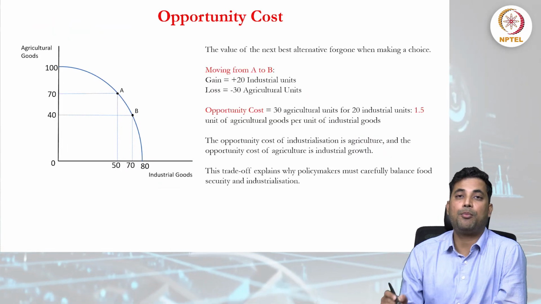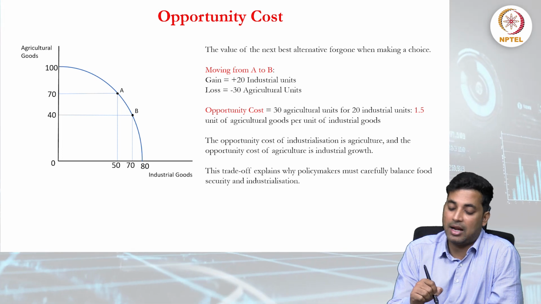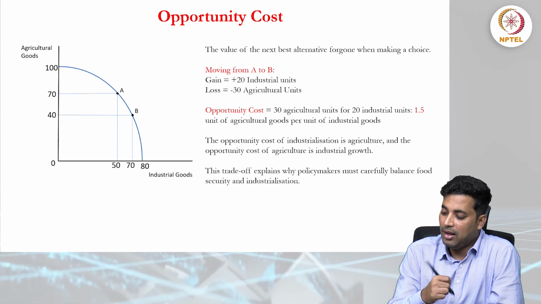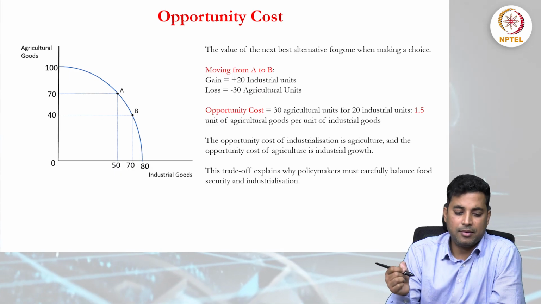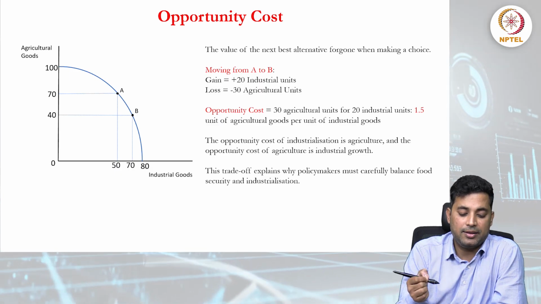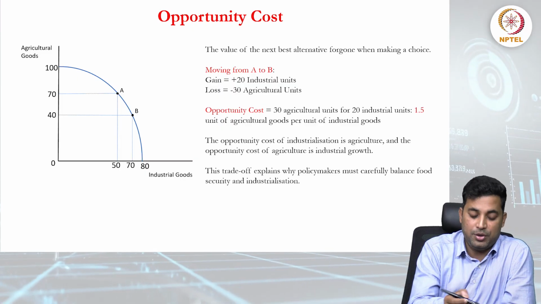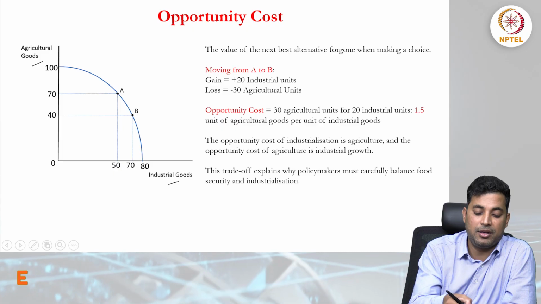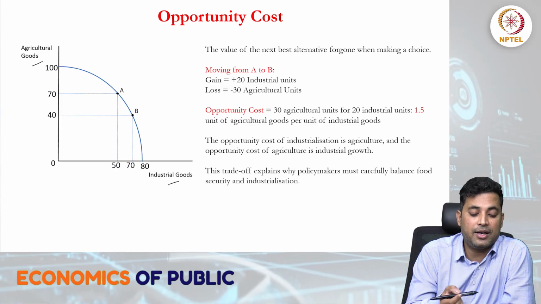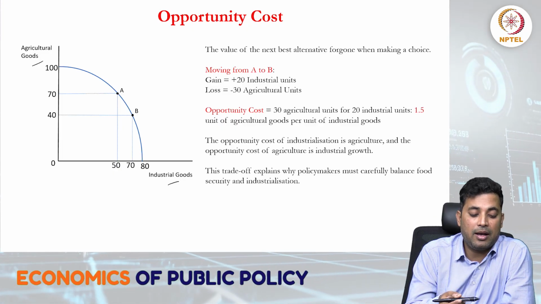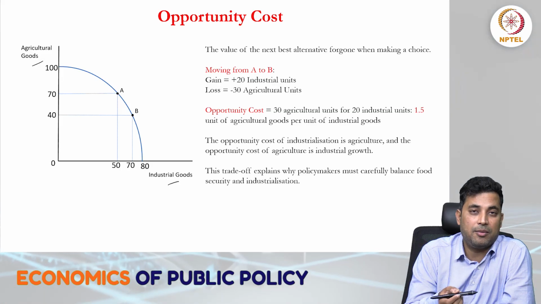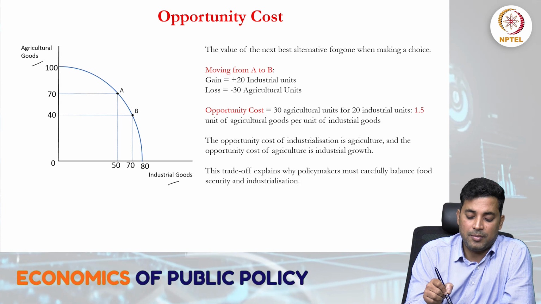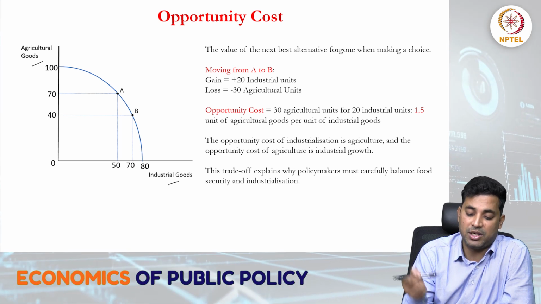So now in terms of opportunity cost, as I said, I'll spend more time on the opportunity cost. Here take the example of this graph where I have used agricultural goods and industrial goods. The units on the vertical axis measure the agricultural goods, and on the horizontal axis units of industrial goods are measured.